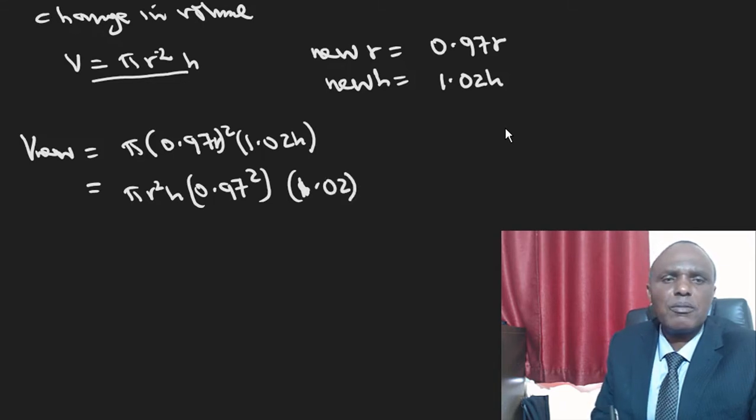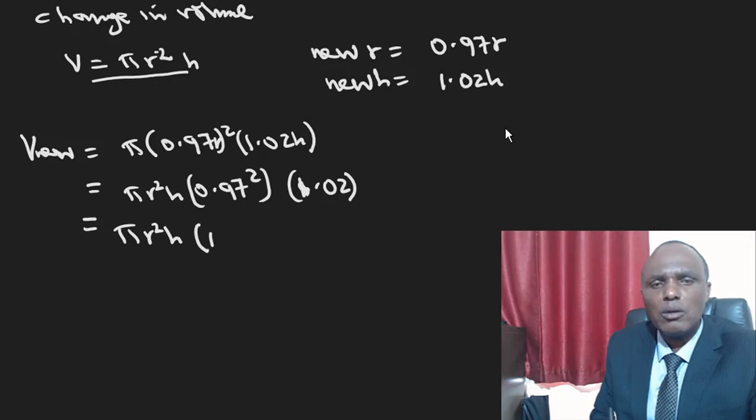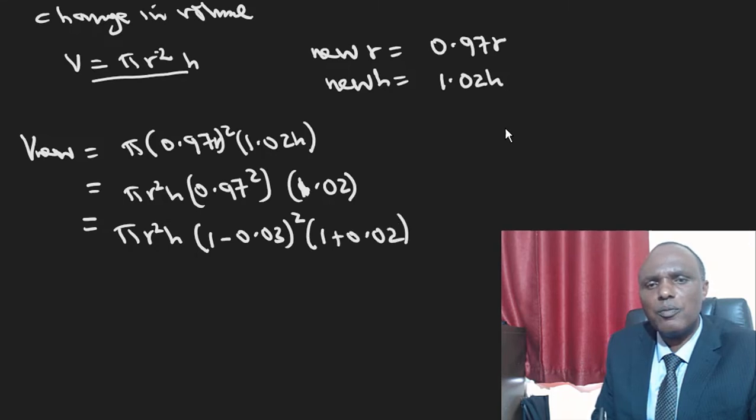That is pi r squared h multiplied by 1 minus 0.03 squared multiplied by 1 plus 0.02. The purpose of doing this is that we want to use binomial expansion to reduce this value and then multiply it with this other value.